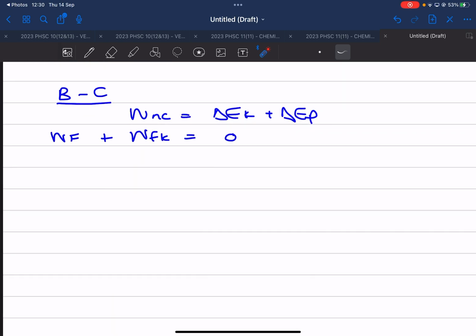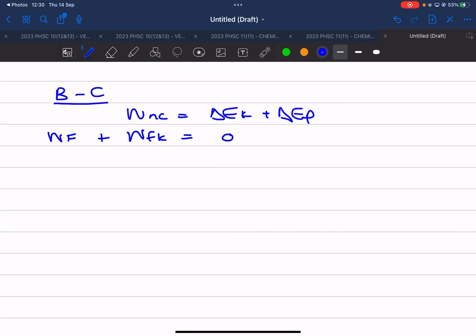Okay, so ek het hierso 0. F delta X cos theta plus Fk delta X cos theta is equal to 0.